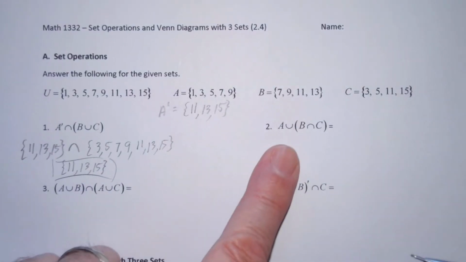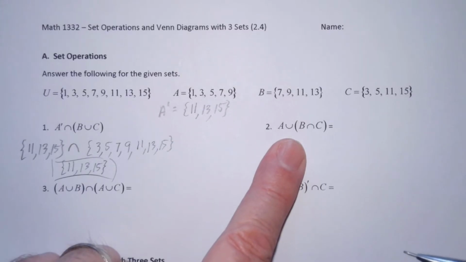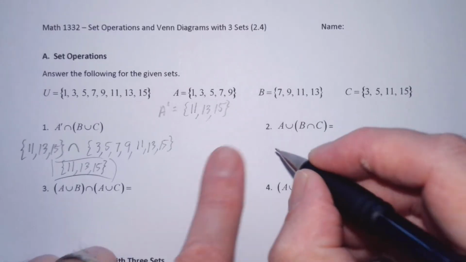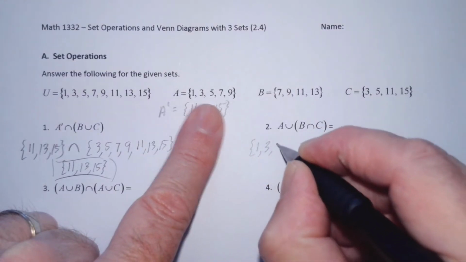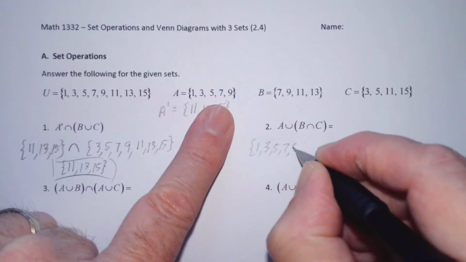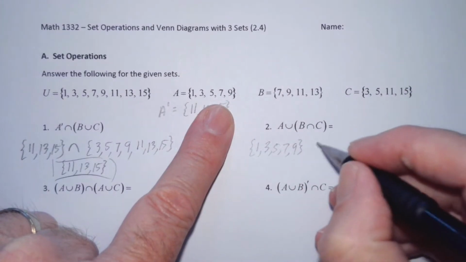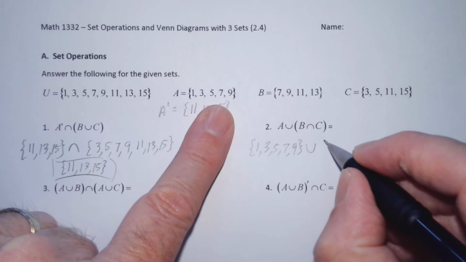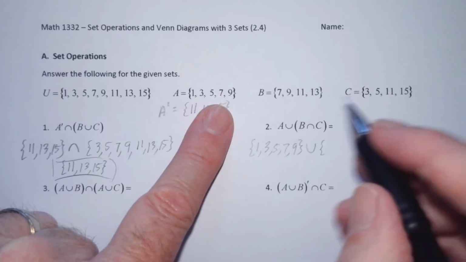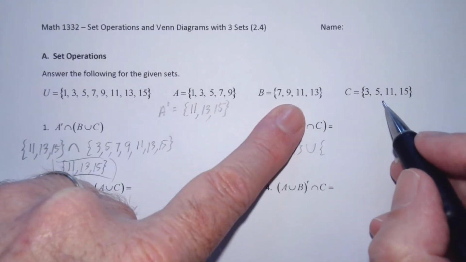All right, let's move on to the next one. Again, at any point you might want to stop the video and try it on your own, and when you think you've got it, you can check your answers. So here we have A, which is 1, 3, 5, 7, and 9. And we're going to union that with B intersects C. So B intersects C, that's what these two sets have in common, or the elements they have in common.